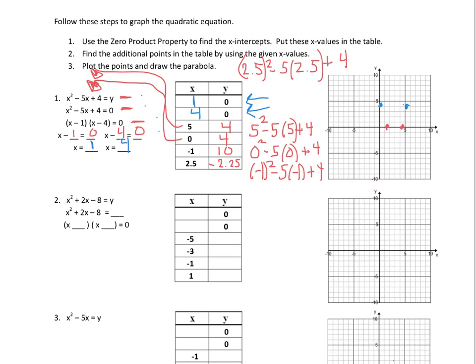-1, 10. And then 2.5, -2.25. I'm going to check that number just because it looks funny.